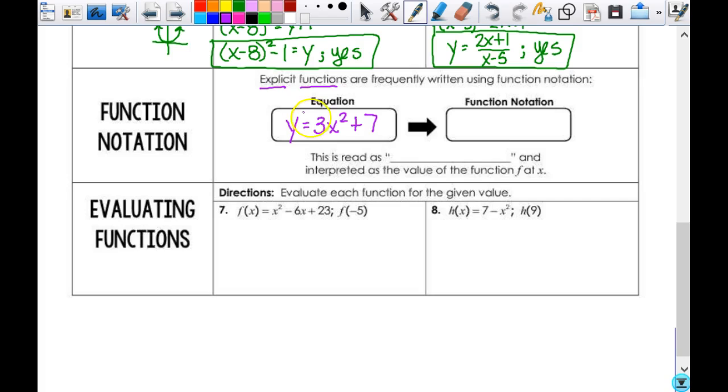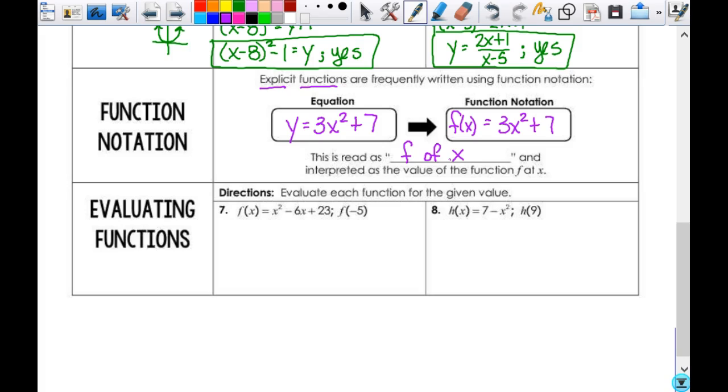It's this part that changes. This 3x squared plus 7 is going to look exactly the same. This is f of x. That's what makes it a function of x. So y is a function of x. It could be g of x, h of x, depending on what's going on, but it's f of x there, okay? So it says this is read as f of x. If that's brand new news to you, I'm going to be a little bit worried, right? I mean, it's okay, but f of x, you should have seen that in function notation.